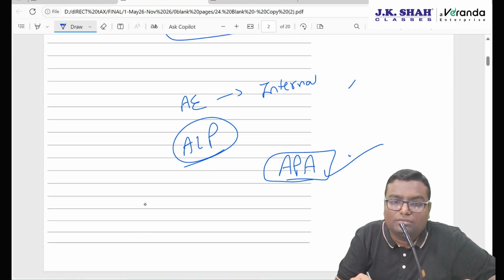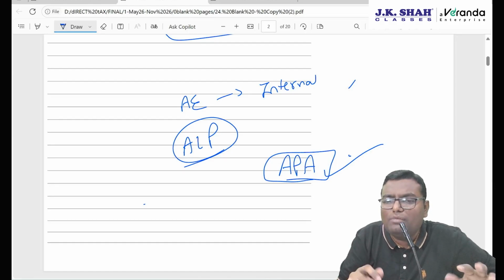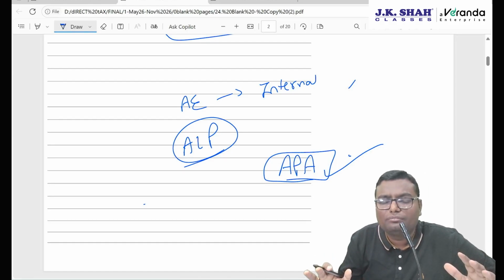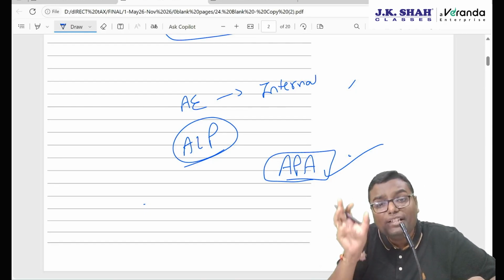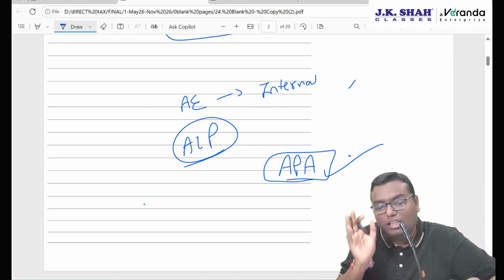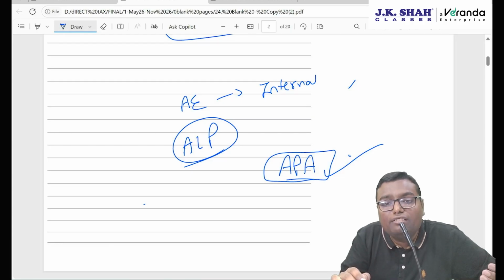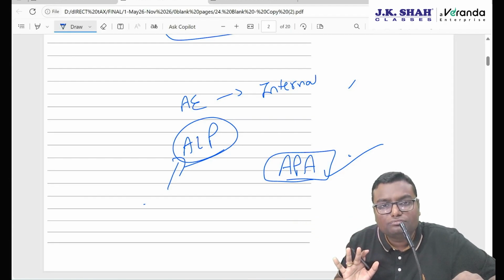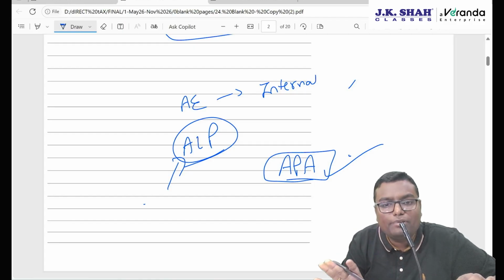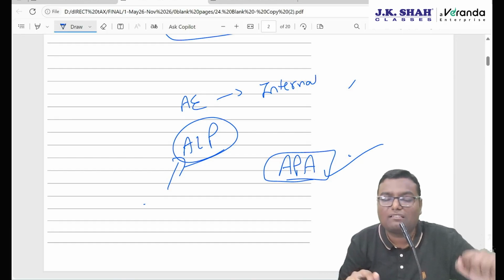The second option, wherein you need not go through any kind of question and answers, is a fixed set of transactions. If you enter certain transactions, the government has issued a kind of presumptive arm's length price. You adopt these prices, and we will not create any kind of dispute. These rules are called safe harbor rules.